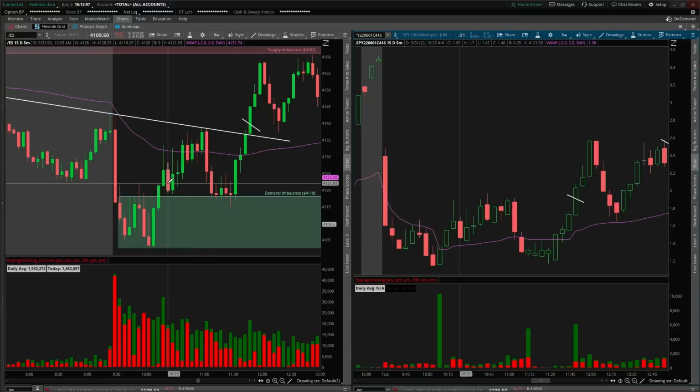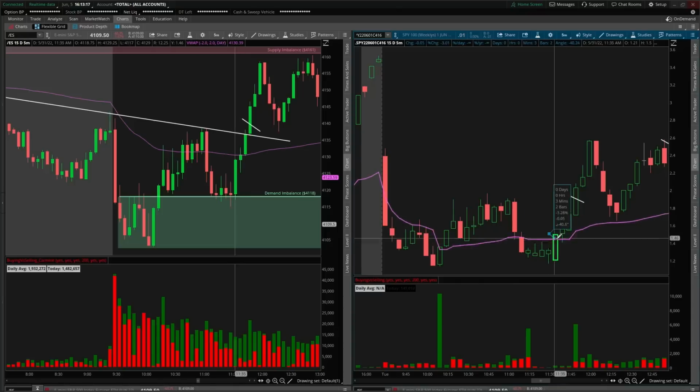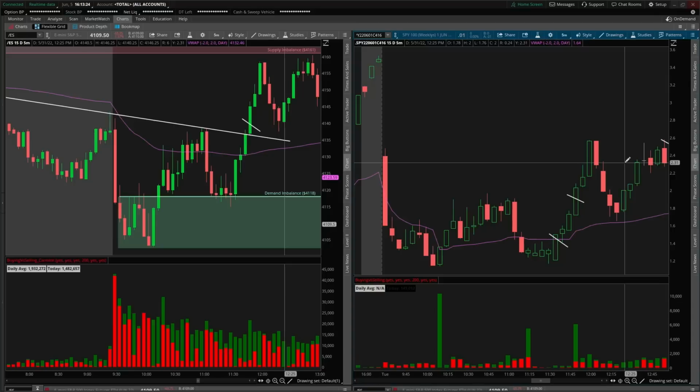However, what's stopping us from getting long at this demand zone down here around 11:30, maybe 11:35, when the stock starts moving up? Now we're getting long at $1.50 on the SPY contracts. Our risk is about 30 cents away, but now we're going to be making about $1.20 on the position. So now we have a 3-to-1, maybe 4-to-1 risk to reward ratio.